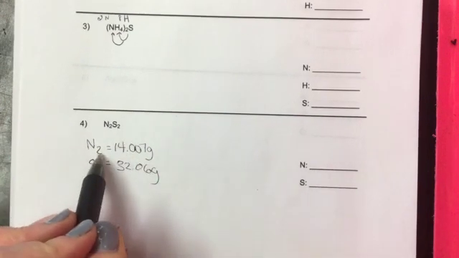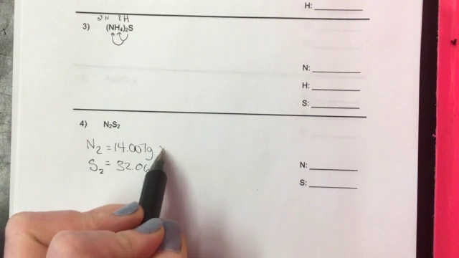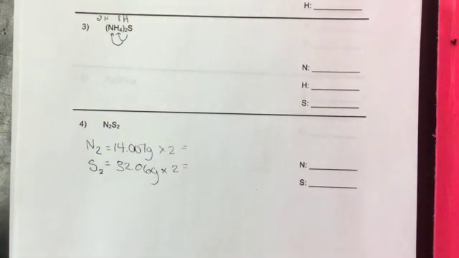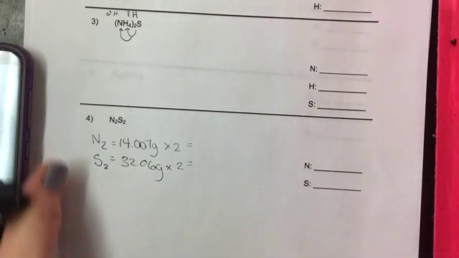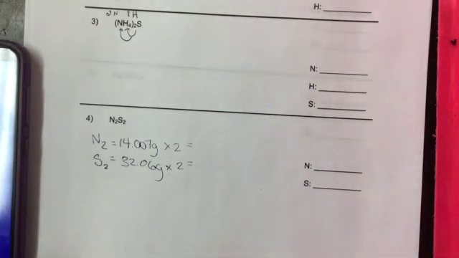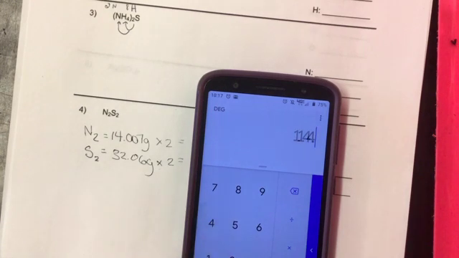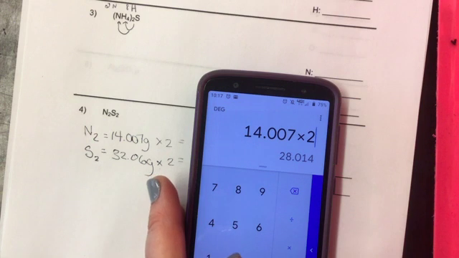And again, since both of these are 2, I'm going to multiply them by 2. So when I do the first one times 2, let me get my phone working again here. I'm going to do 14.007 times 2, which is 28.014.